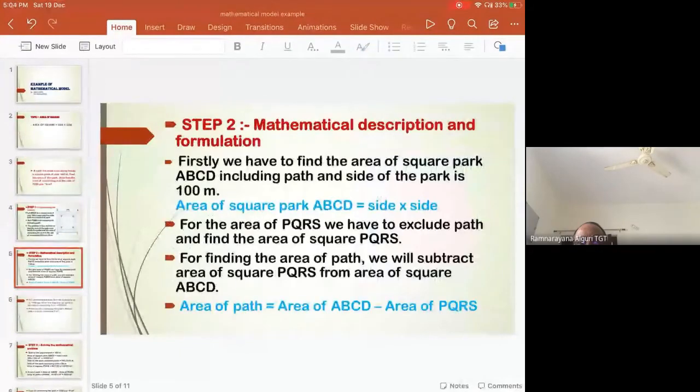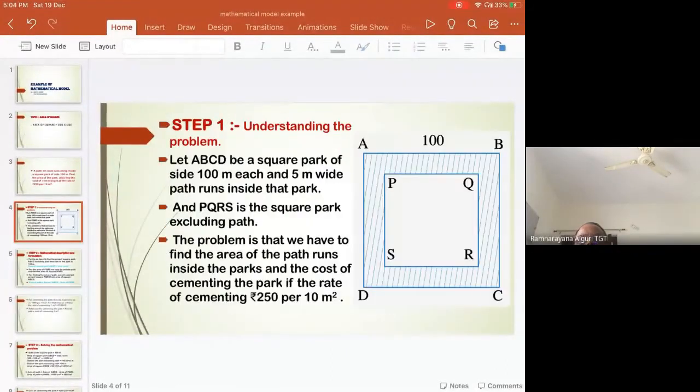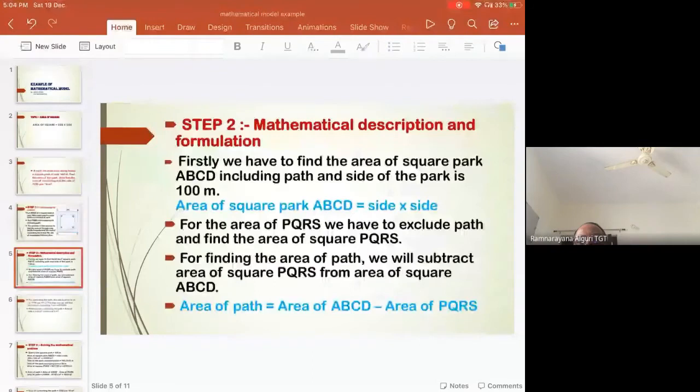For finding the area of the path, we will subtract the area of square PQRS from the area of square ABCD. So the area of path is equal to area of ABCD minus area of PQRS. That's one.